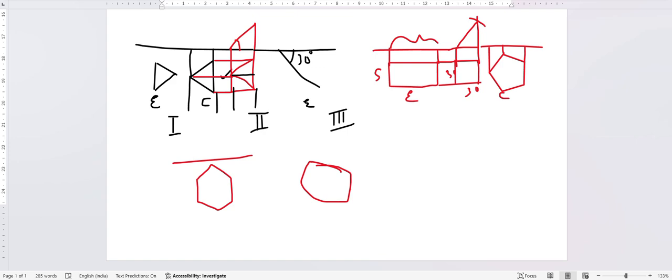Okay, 30 degree you have to draw, and first mark this larger distance from any one point. If you consider, you mark this distance, and you extend this locus, and now measure this distance from the same point.